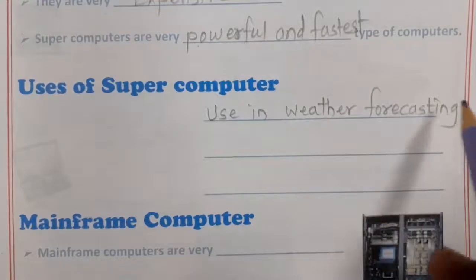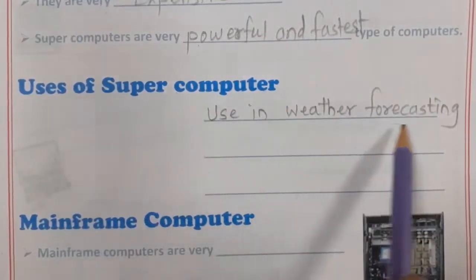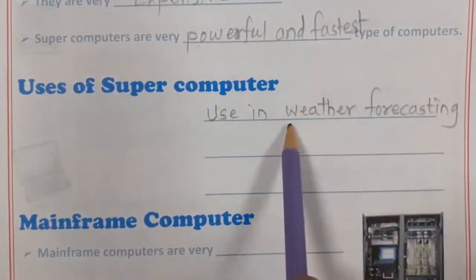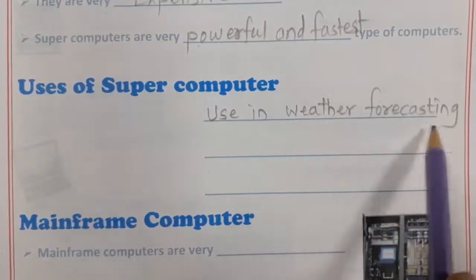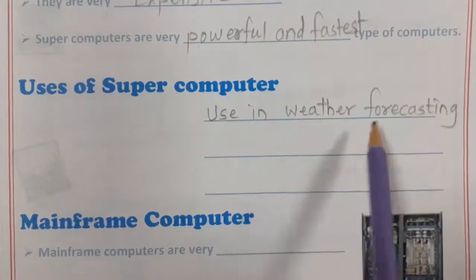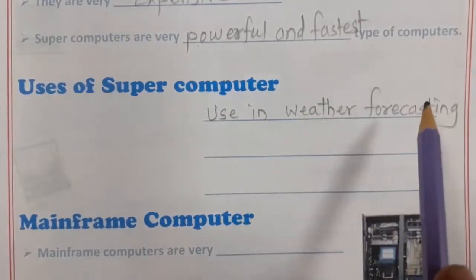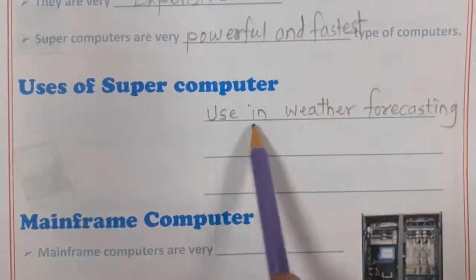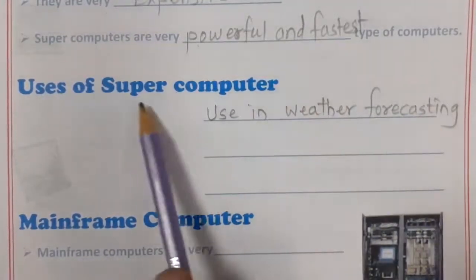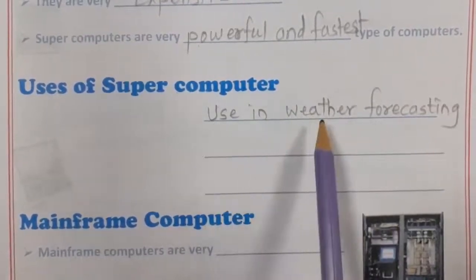All this information is checked by supercomputers, and that is called weather forecasting. This is the first use of supercomputer.